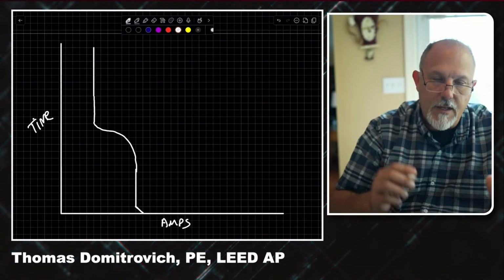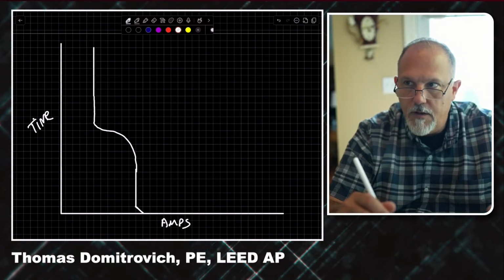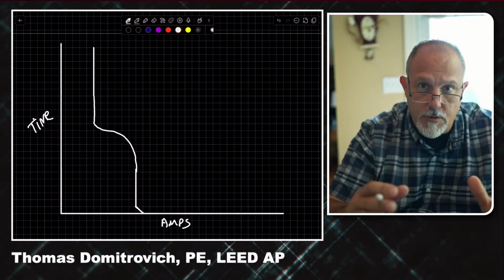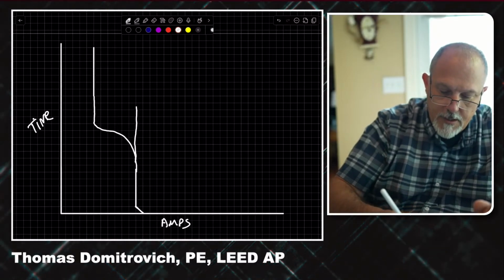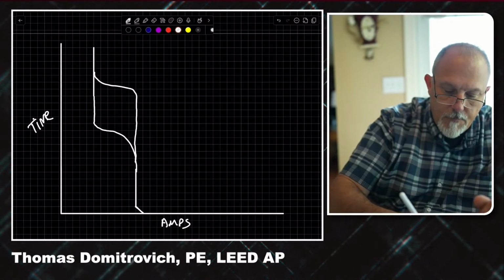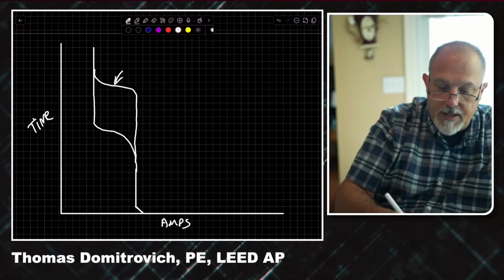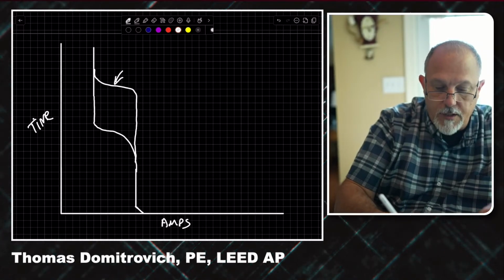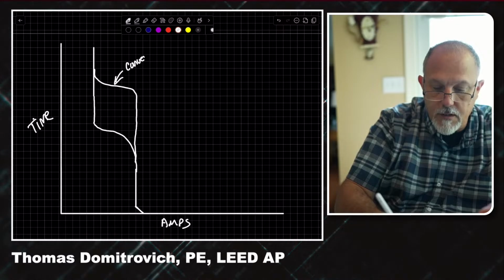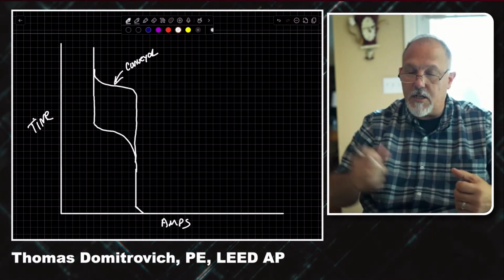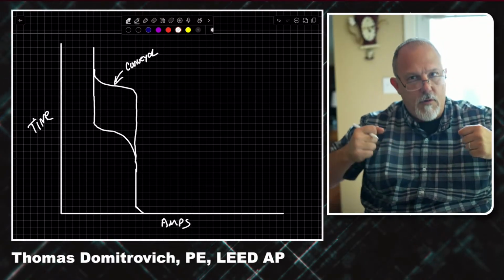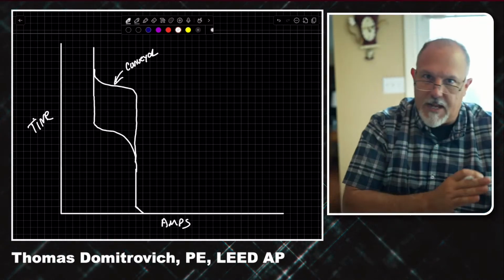If I'm driving a conveyor belt and it's a loaded conveyor belt, for example, my transition point might take a longer period of time. So maybe my transition point on a conveyor belt takes longer time to get it up to speed because I'm working hard, and then once I get that belt up to speed, I come down to full load amps.